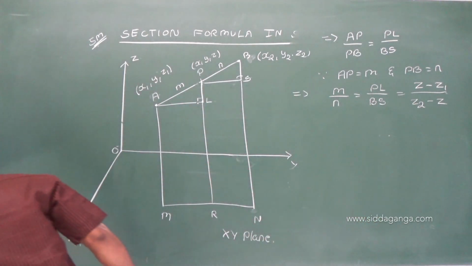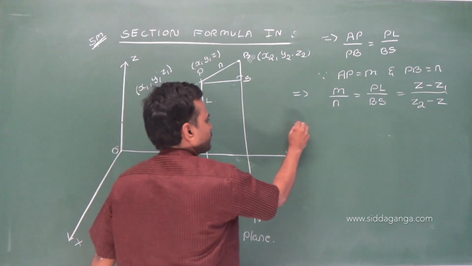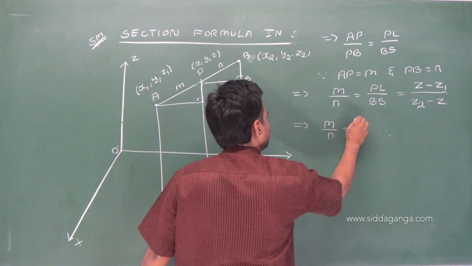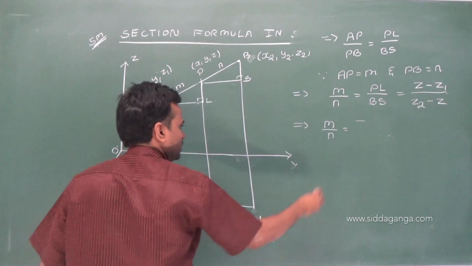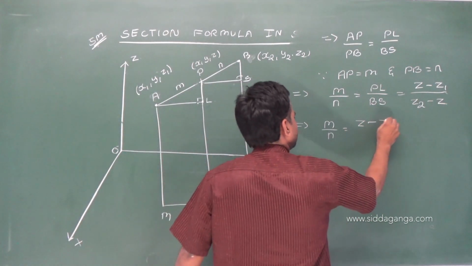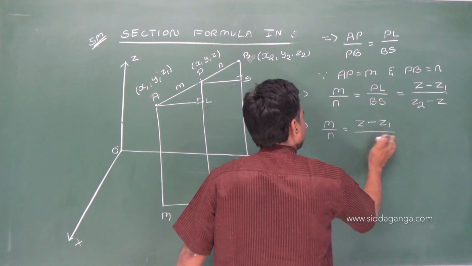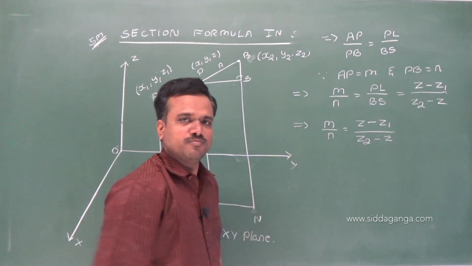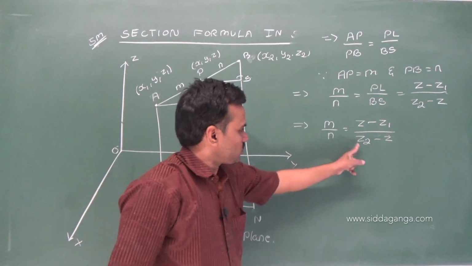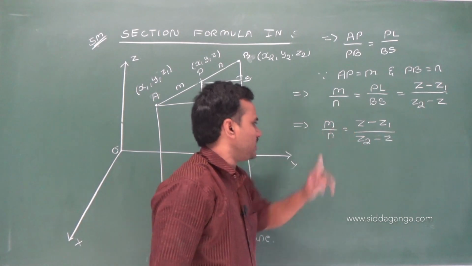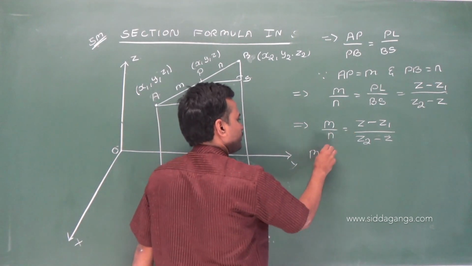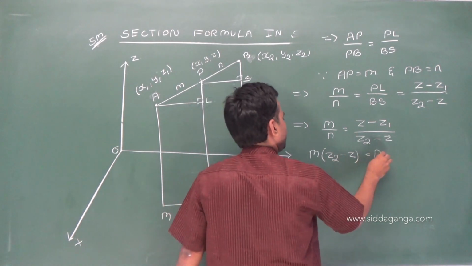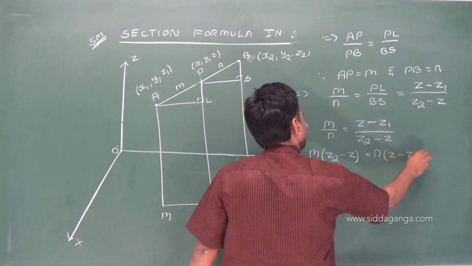So we already found that M divided by N is equal to (Z minus Z1) divided by (Z2 minus Z). What do we do next? Cross multiplying, M into (Z2 minus Z) is equal to N into (Z minus Z1).